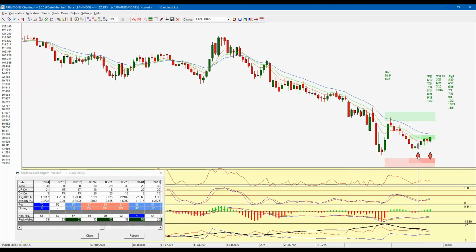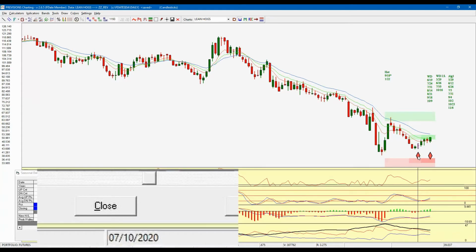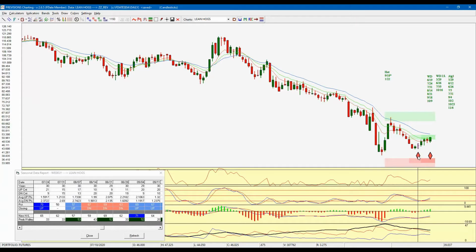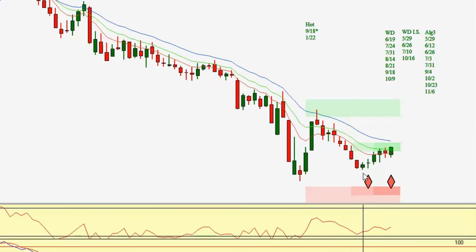So I'm going to move over to here, and you can see that we were talking about week ending July 10th as the previous weekly turn date, and it did in fact confirm a weekly swing bottom, and that occurred in the -1 bar right here, week ending 7/3.